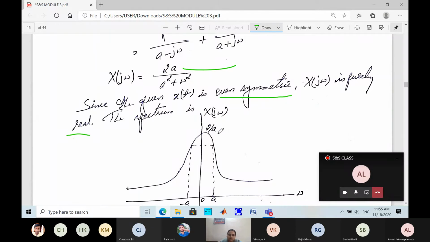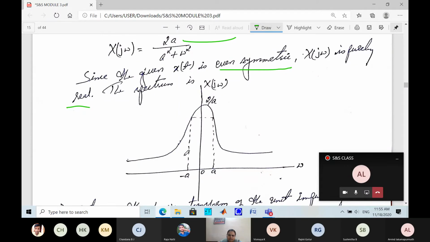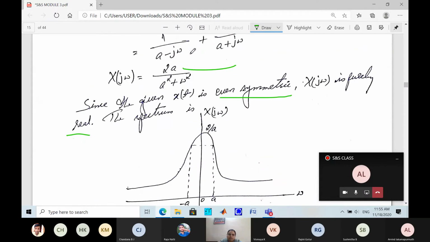Based on that, the spectrum is going to look like this. What you have to do is substitute the maximum limit. The constant value here is a. Whatever value we substitute for a is the maximum value. If I substitute 1, that may be a maximum. Omega is a varying function, right? For that reason, just substitute omega as a.